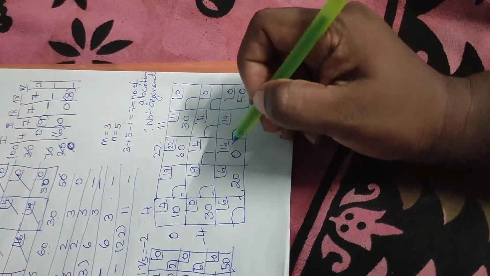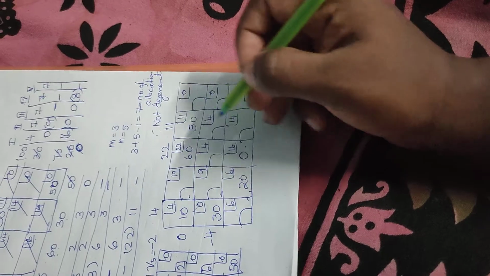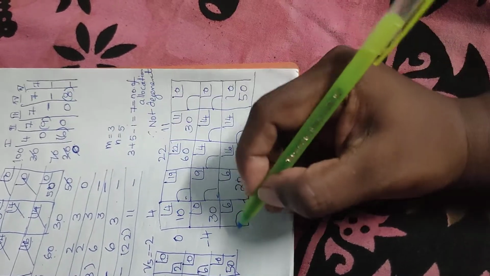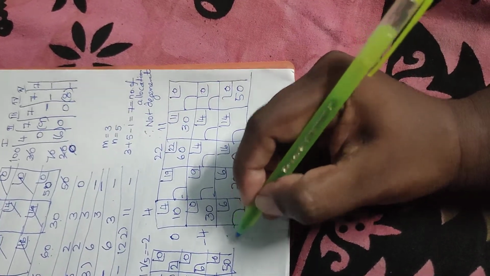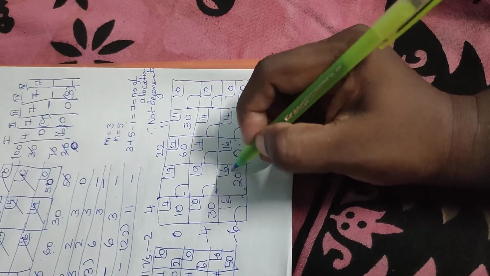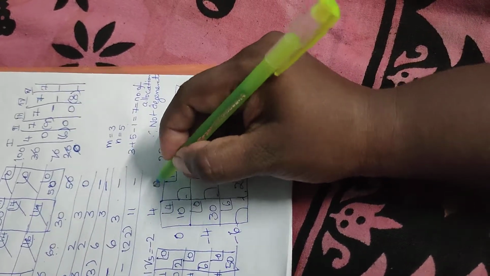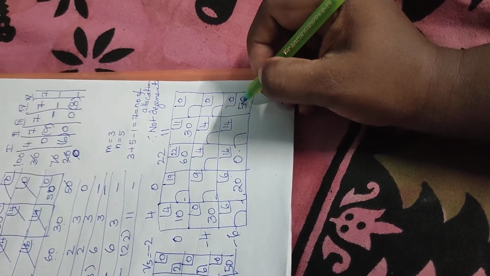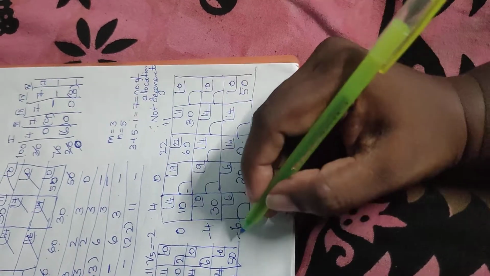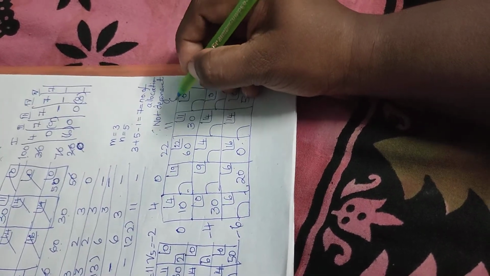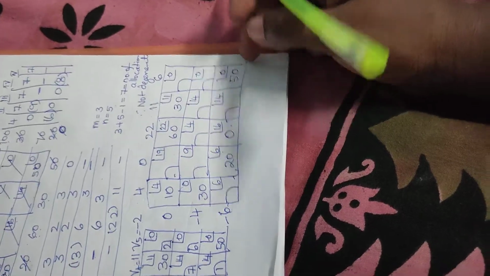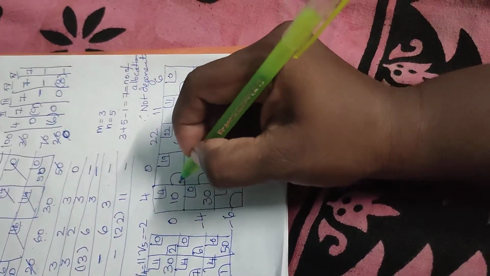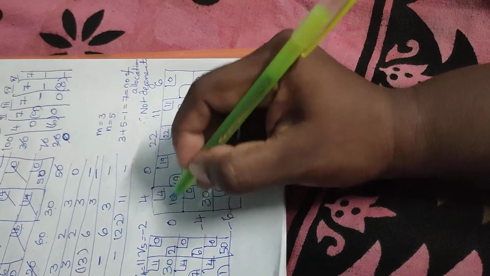This we don't have both, so we leave it here. 16 minus 22 is minus 6, so therefore this becomes 0. Okay. Here 6 minus minus 6 will become plus 6. Okay. So that's it. Now for the unoccupied cells, this is 19.